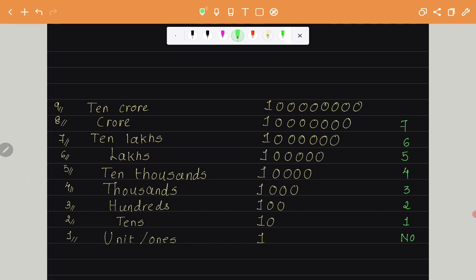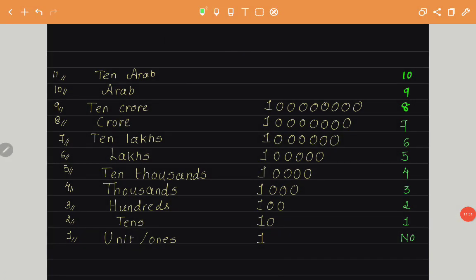Okay, so how many zeros are there? 8 zeros are there. Alright. Now after that we do have Arab and 10 Arab, but we are not going to deal with that. But let me just mention it for the sake of your understanding. So here Arab and here 10 Arab, we will have 9 zeros and then 10 zeros.